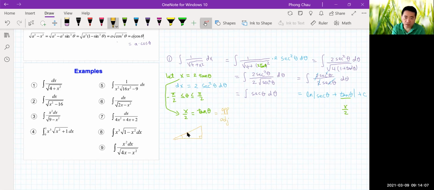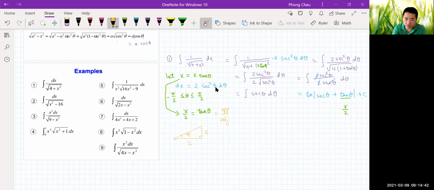So the opposite side of theta in this case is x. The adjacent is 2. X over 2, opposite over adjacent. So x is opposite, 2 is the adjacent side. Now, once you have this, I can figure out the trig functions here to turn into x.